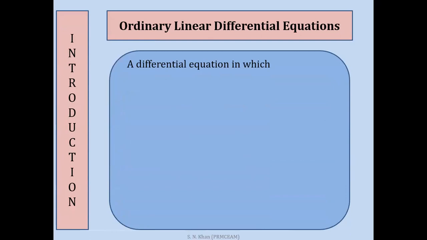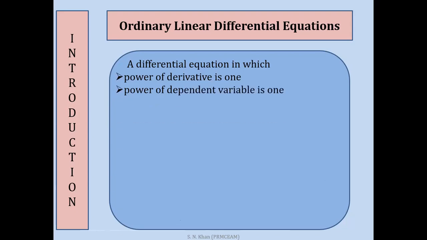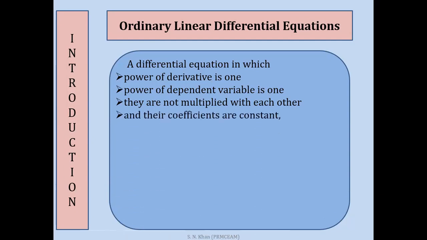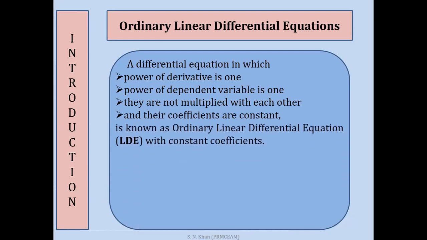A differential equation in which the power of the derivative is 1, the power of the dependent variable is also 1, they are not multiplied with each other, meaning derivatives and dependent variables, or derivatives and derivatives, are not multiplied with each other, and their coefficients are constant. This type of differential equation is known as an ordinary linear differential equation with constant coefficients.